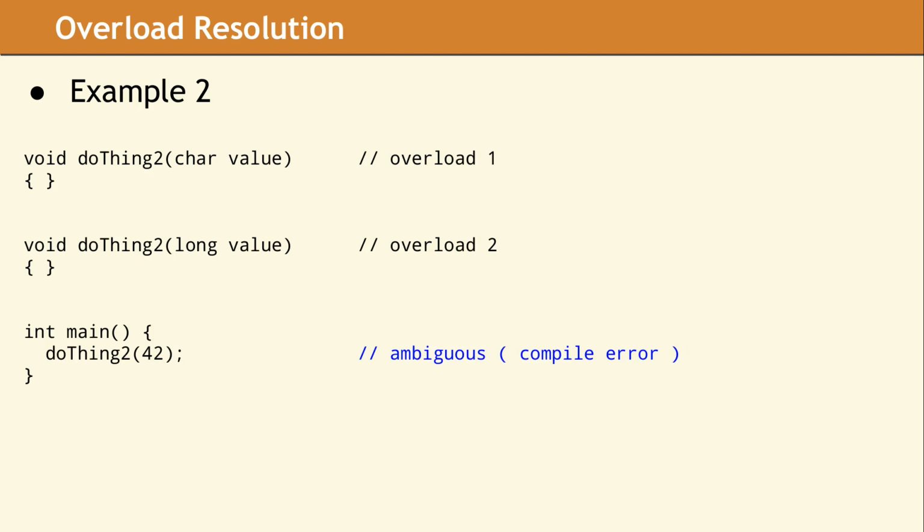This code actually results in a compile error, since neither overload 1 nor overload 2 is selected by the overload resolution process. Both overloaded functions require an implicit conversion, which makes them equal in the amount of work, and thus the compiler cannot decide which one to call.